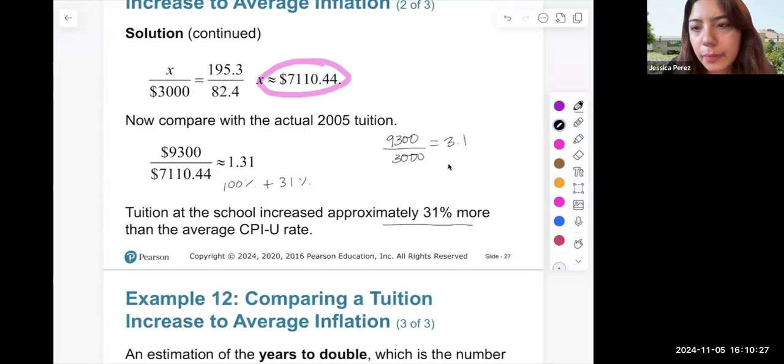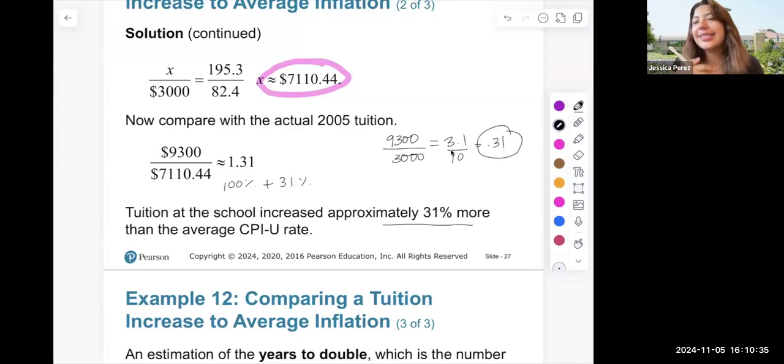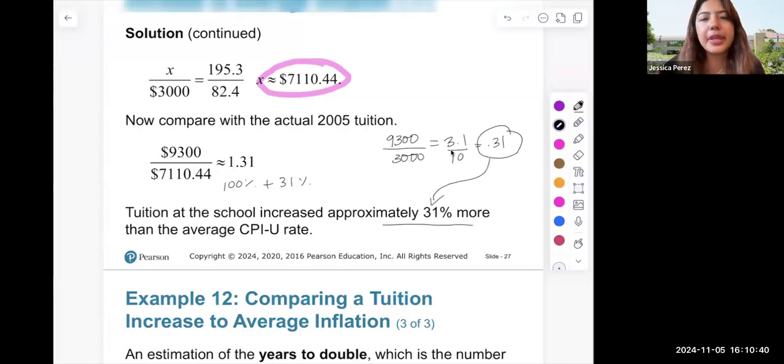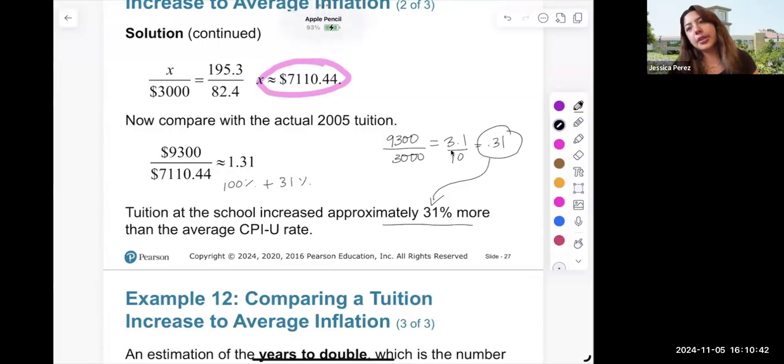So this 3.1, if we divide it by 10, this is 0.31. So this takes you back to your 31% more than the other. So that is another way to solve it. We will see more solutions of this nature.